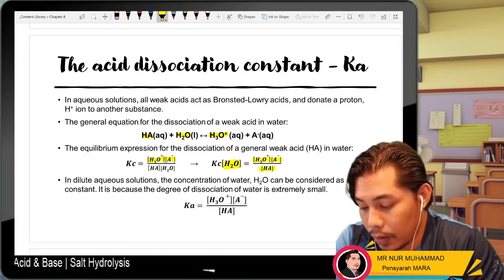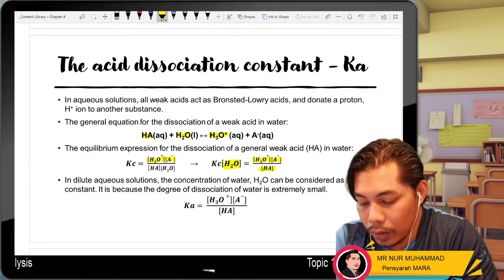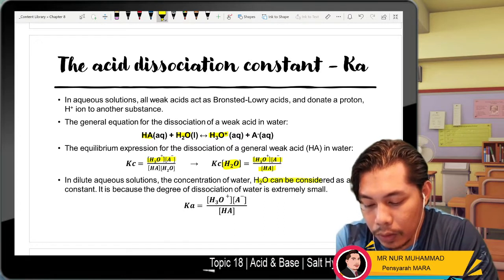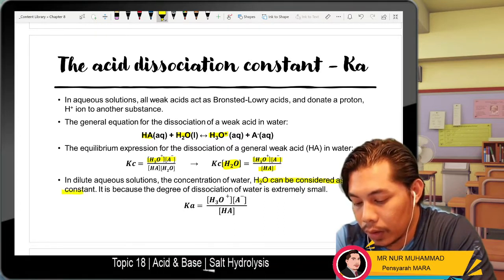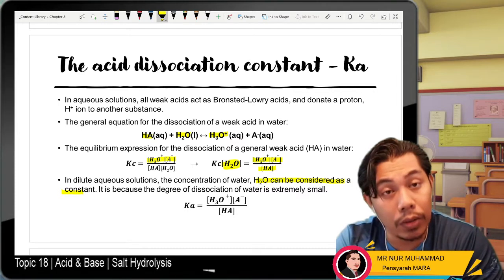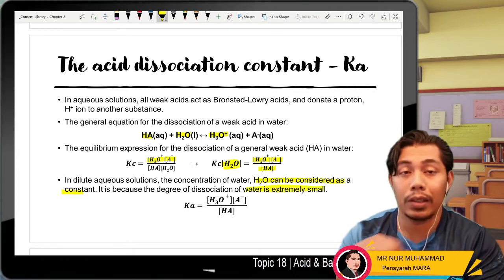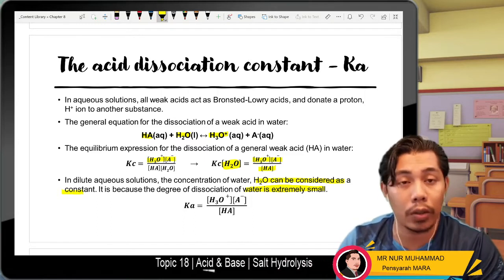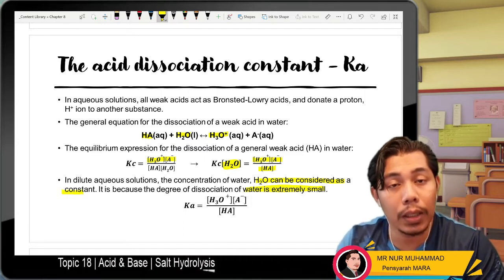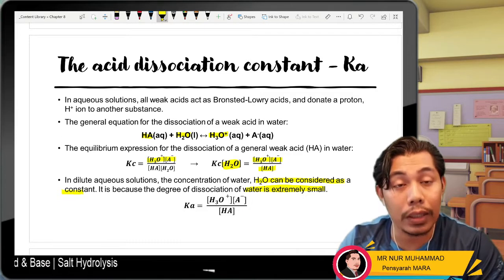In a dilute aqueous solution, the concentration of water can be considered as a constant, because the degree of dissociation of water is very small. We know that water can dissociate into hydrogen ion and hydroxide ion, but the degree of dissociation is very low.